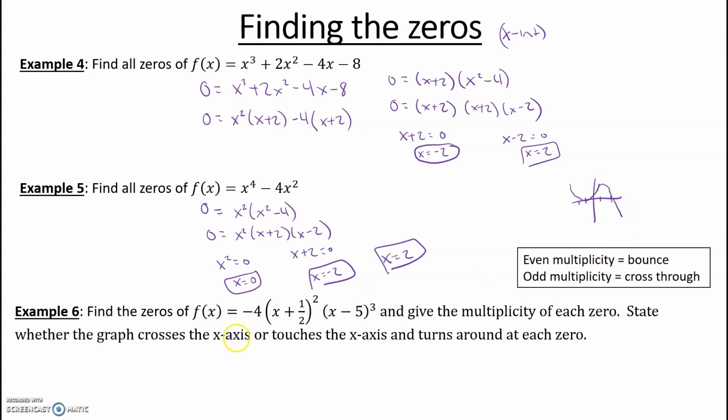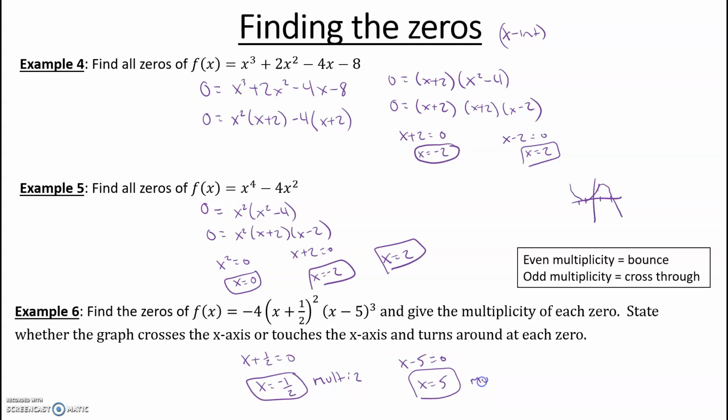All right, so let's work with this here. So this one wants us to get our zeros. So it looks like x plus 1/2 can equal 0. So x equals negative 1/2. And our multiplicity will be twice. And then x minus 5 can equal 0. X equals 5.